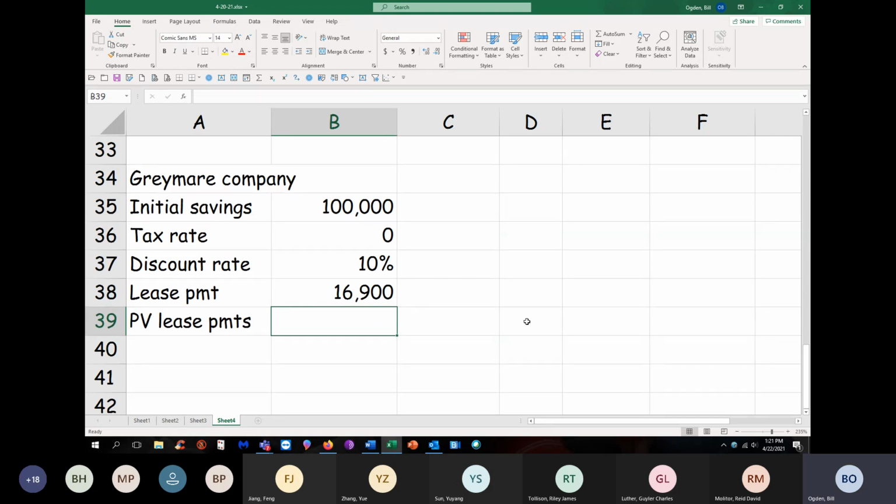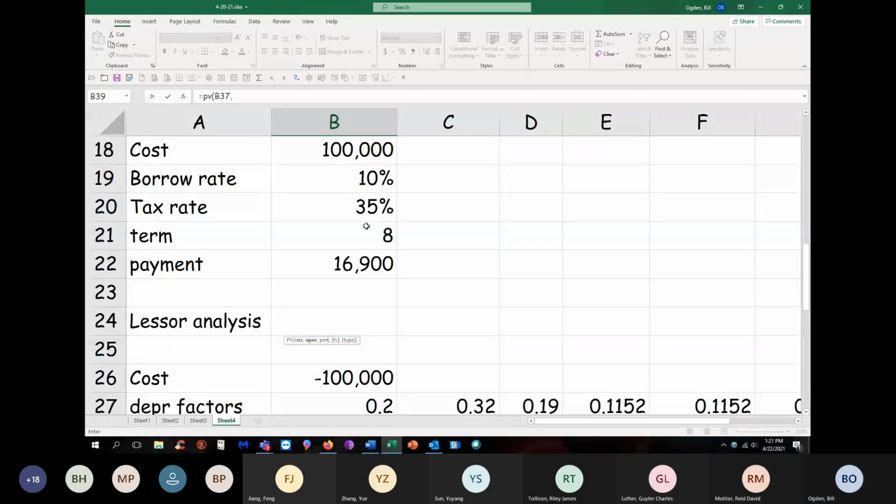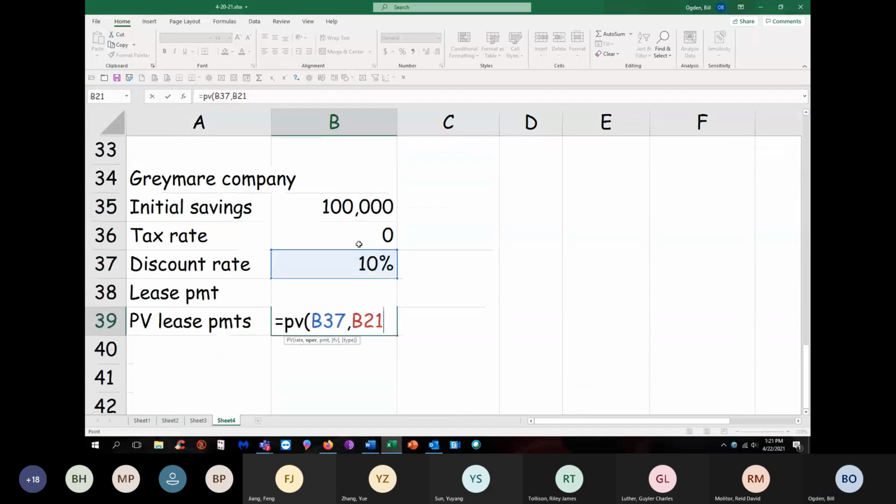Oh, sorry. This is present value. Payments are the same. We'll do PV. Unless you want to write out 8 payments, I don't think we want to do that. So present value, and then we have the discount rate right here. So let's use it. Number of periods, that would be 8.